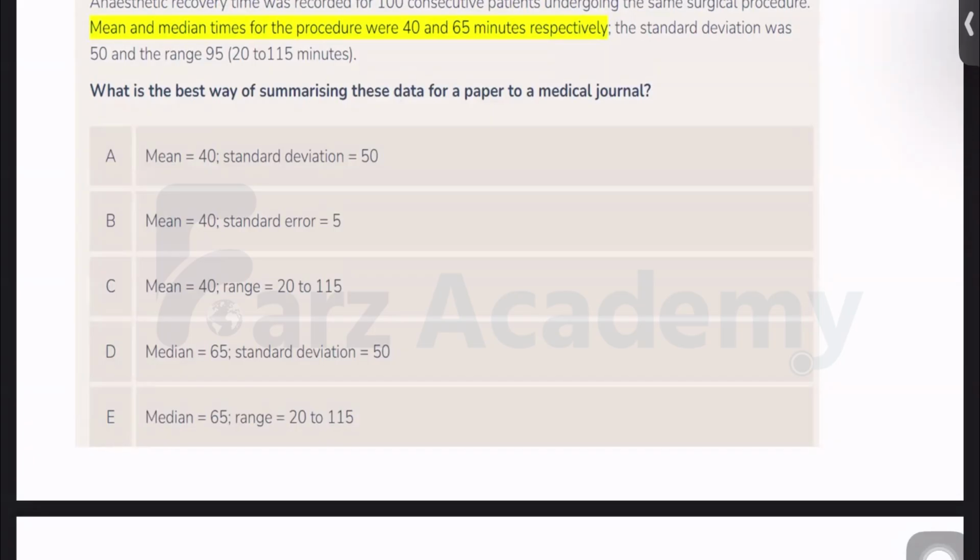So is it normally distributed or is it skewed data? Skewed. Very good. So what is the best way to summarize skewed data? Is mean a good way to summarize skewed data?